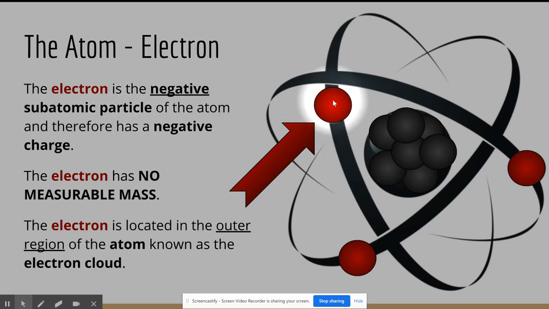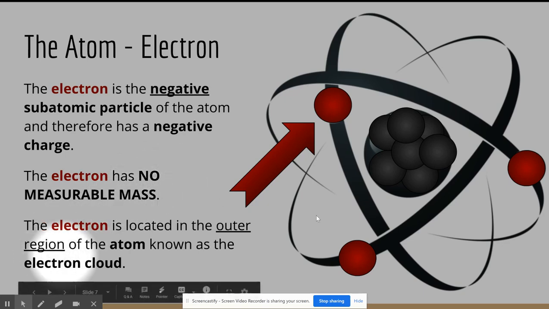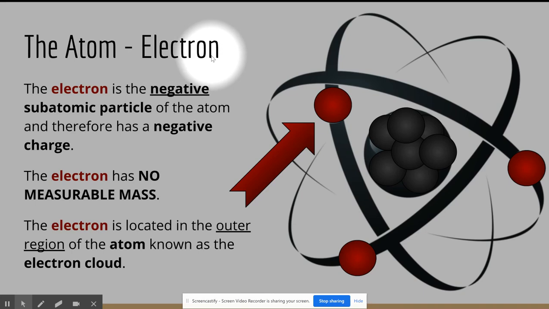They do have a charge, which is negative. The electrons have no mass, or at least no measurable amount of mass, and they are whizzing around super fast on the outside of the atom, known as the electron cloud. This is going to be by far the most important subatomic particle for the rest of this year. The electron is extremely important.